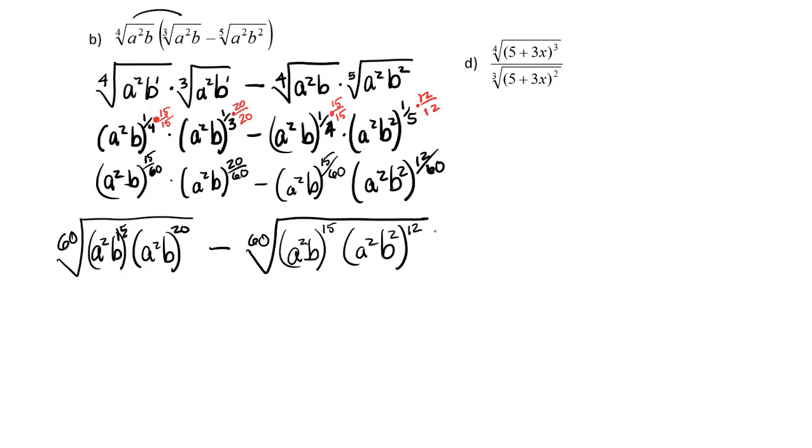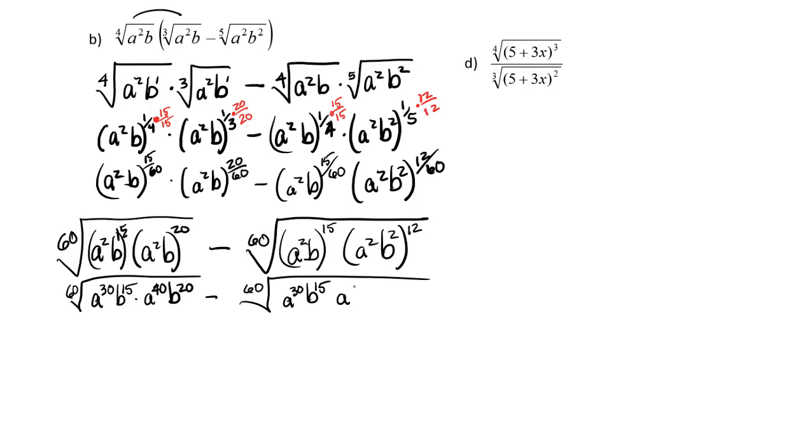Let's see if we can simplify this further. This will be a to the 30th, b to the 15th, times a to the 40th, b to the 20th, under the 60th root, minus the 60th root of a to the 30th, b to the 15th, times a to the 24th, b to the 24th.